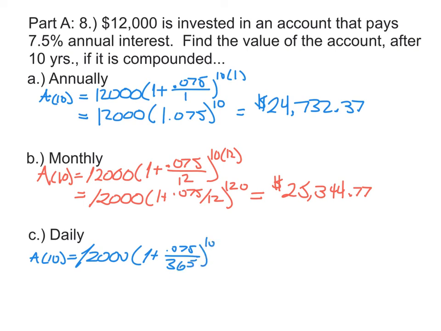And we're going to raise that to the 10 times 365. What I would enter in my calculator is 12,000 times 1 plus, and I would leave it as 0.075 over 365. But make sure I keep the parentheses where they are. And the power that I'll raise it to this time is 10 times 365, which is 3,650.